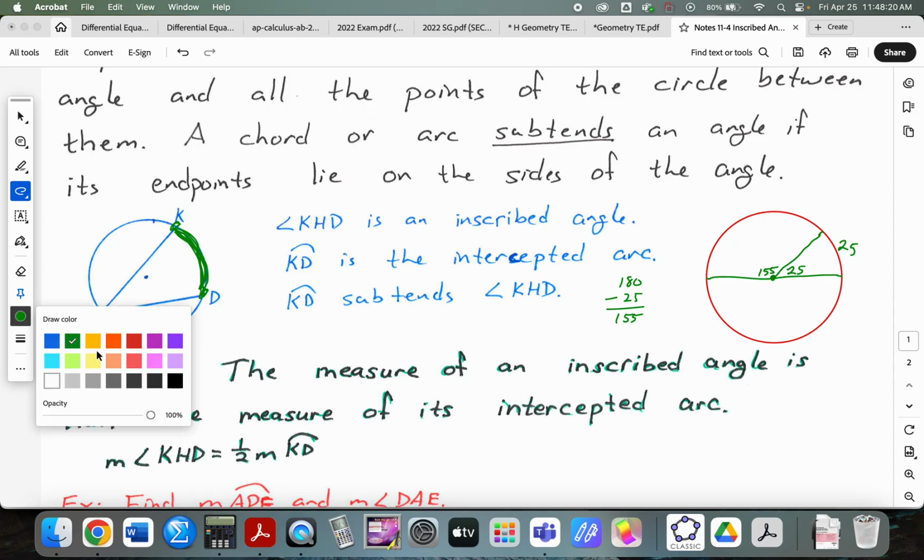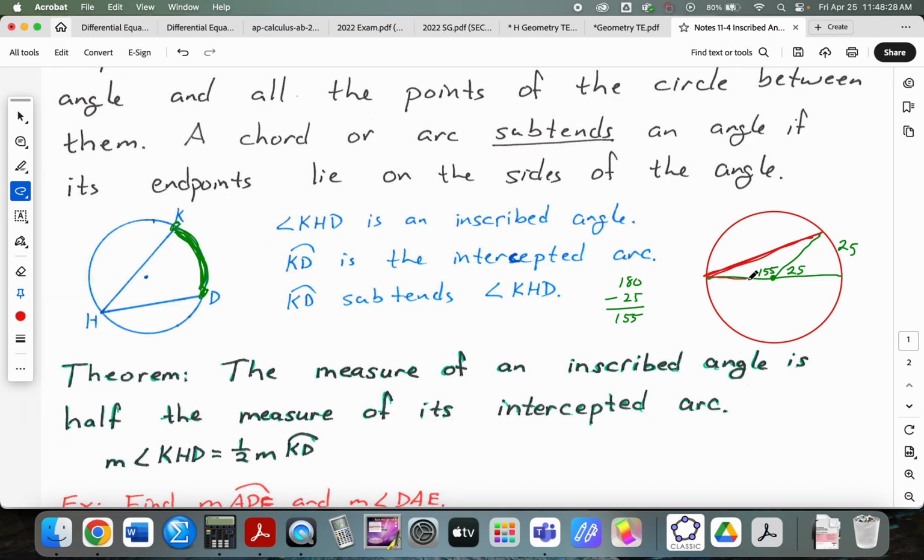Now, I'm going to switch colors. Let's look at this inscribed angle. And say we want to find the measure of that. You're like, well, I have this theorem, but let's say we didn't have that theorem yet, right? What kind of a triangle is this triangle right here?